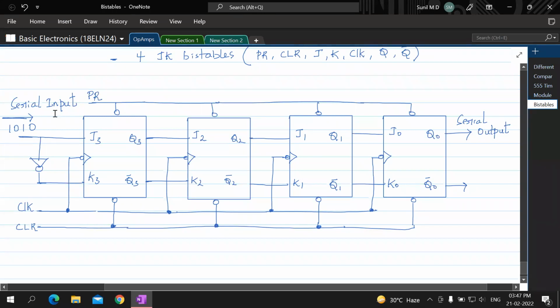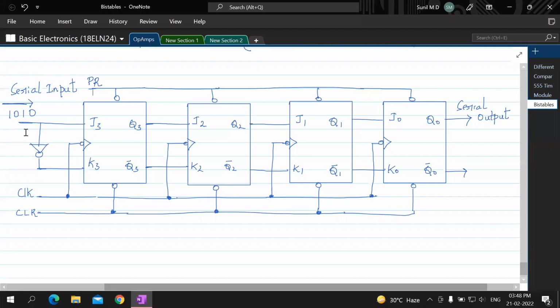All the presets of all the flip-flops are connected to a common preset. All the clears of all the flip-flops are connected to a common clear, and the clock is also common to all the flip-flops. This is how the connection is. And you have this serial input.